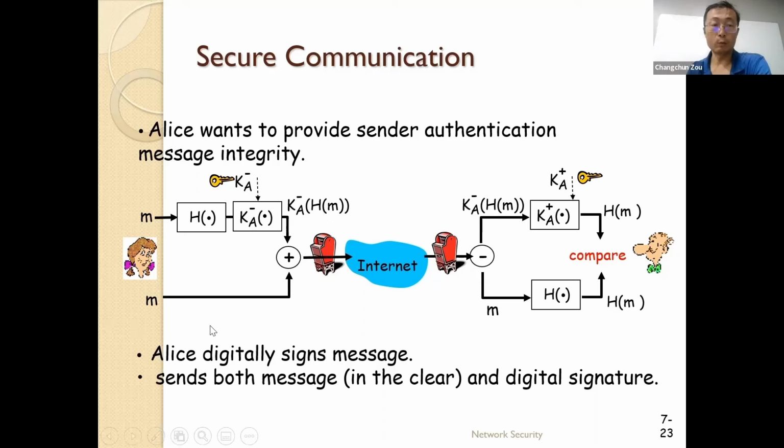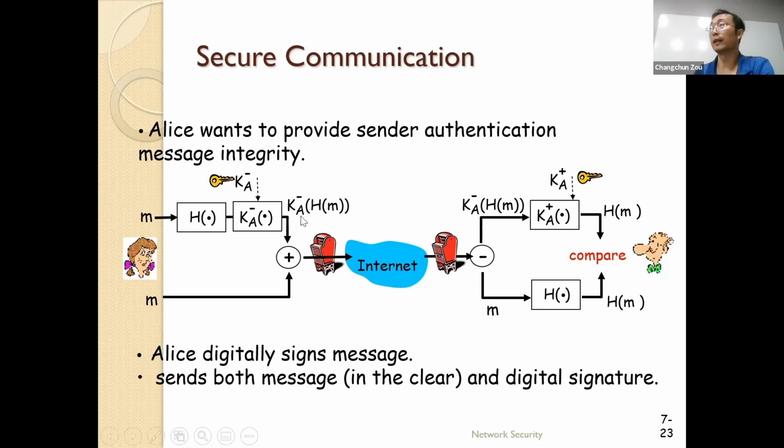So the message M will be sent in plain text, but you also put together with the digital signature of the message M.